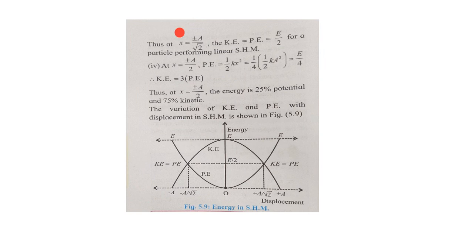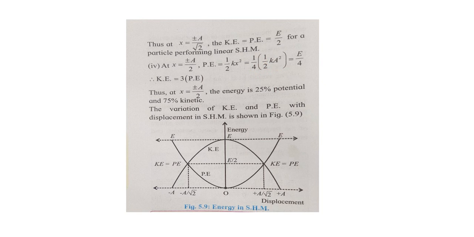Thus, at x equals plus or minus a upon root 2, the kinetic energy equals the potential energy, equal to E upon 2, for a particle performing linear simple harmonic motion. At x equals plus or minus a upon 2, the potential energy will be half k x square, which is 1 upon 4 of 1 upon 2 k a square.